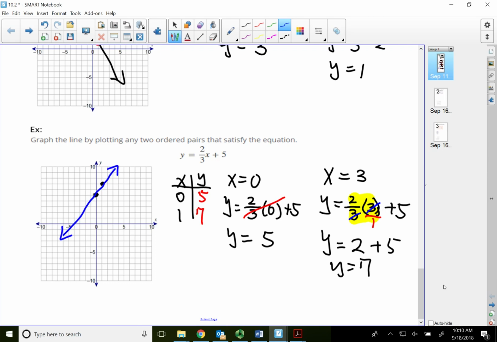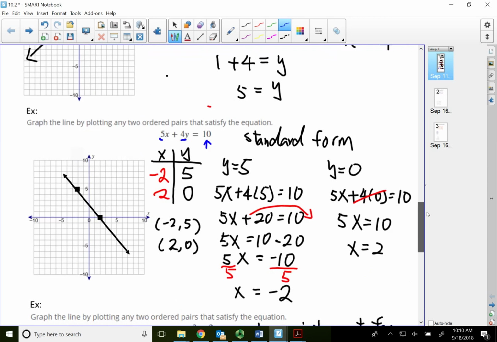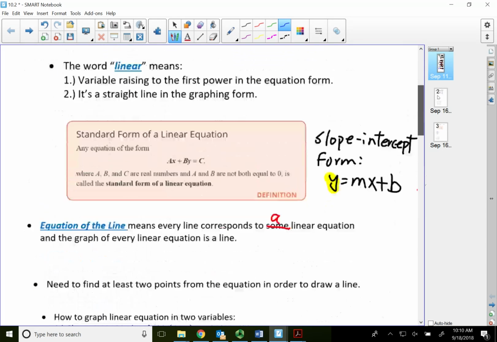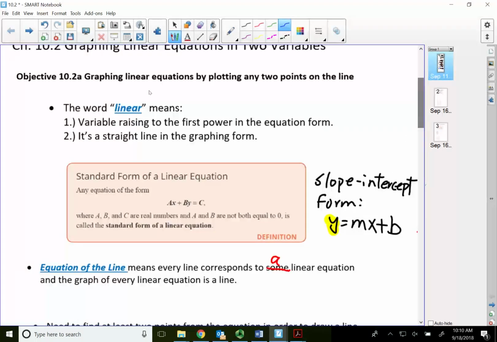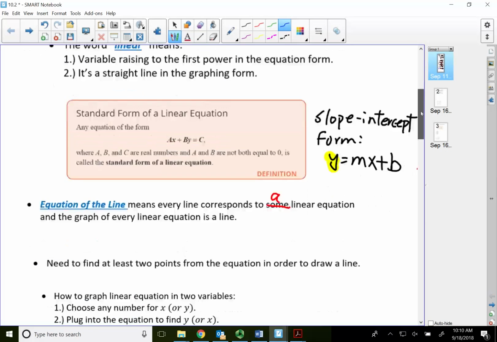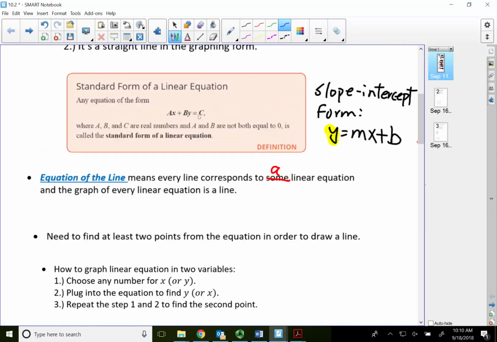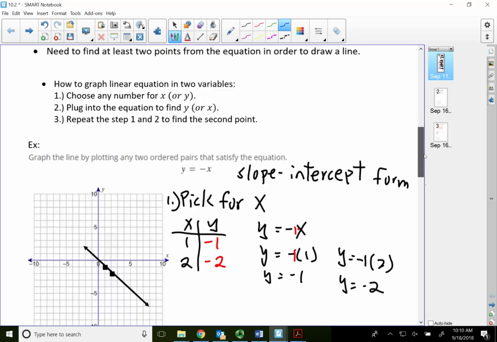So there are 3 ways we can graph an equation of a line. One, the very basic method, is simply finding any 2 points. In this video, I showed you how to find 2 points in standard form and in slope-intercept form.